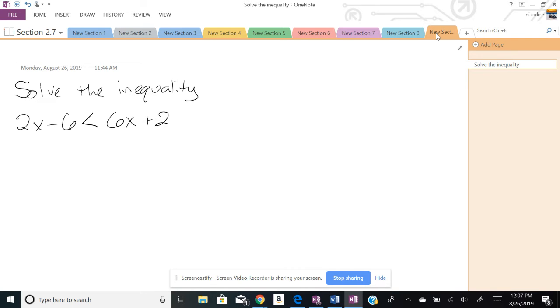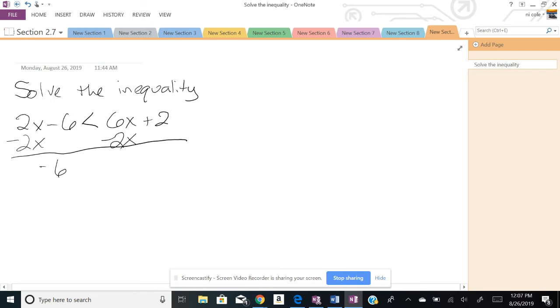Here's my last example. I'm going to work this probably 2 ways. Okay, so either way you're going to do this, you're going to look and say, I need to get the x's on one side of the equation and the numbers on the other. So personally, I would subtract 2x from both sides because I like to keep my variables positive.